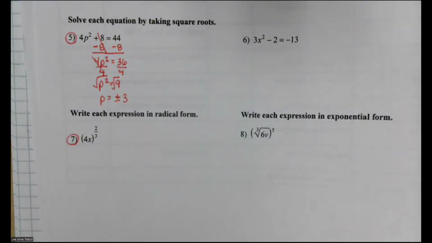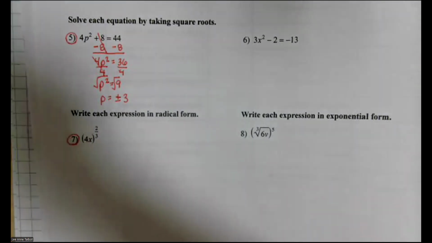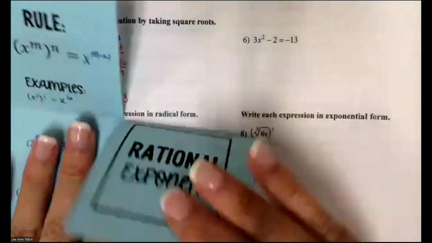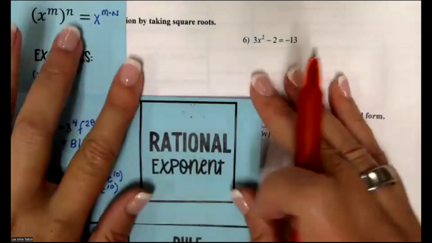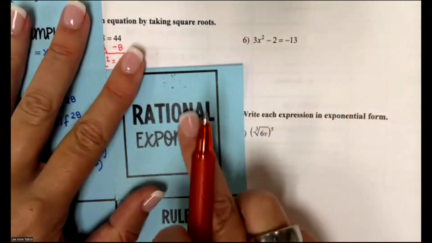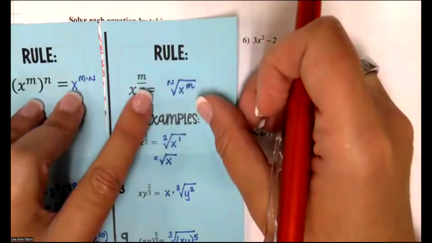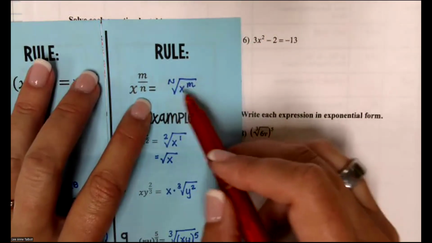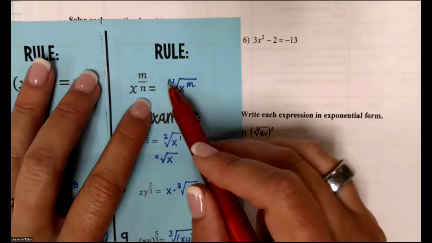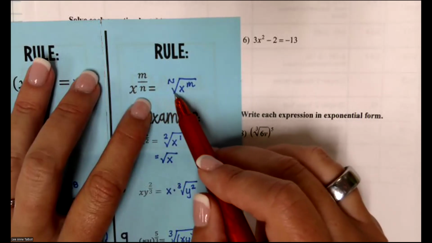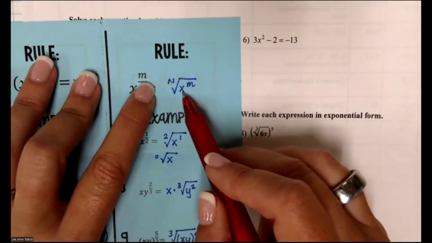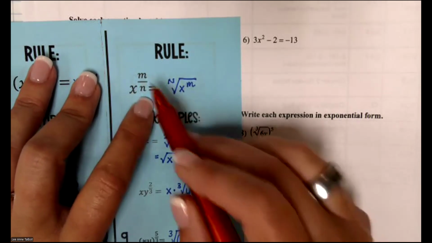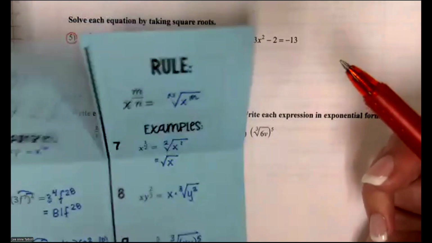Number 7. Write each expression in radical form. I'm grabbing my foldable. That's this particular one, which is rational exponents, which is when the exponent's a fraction. You rewrite it like this. The denominator goes outside, and then square root, and then whatever there is to the power of the numerator.